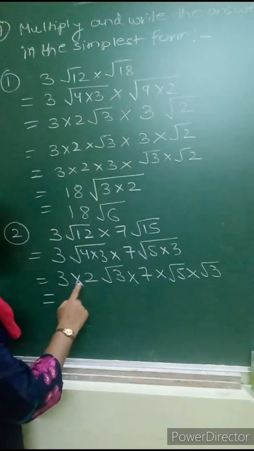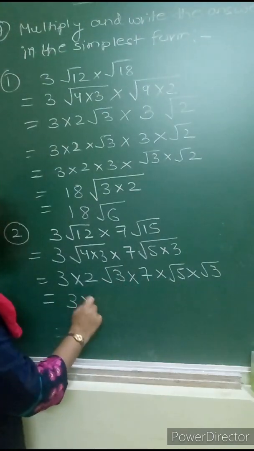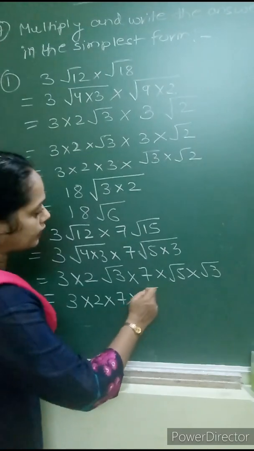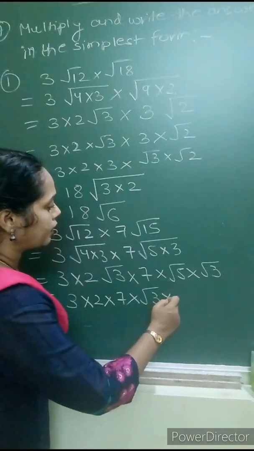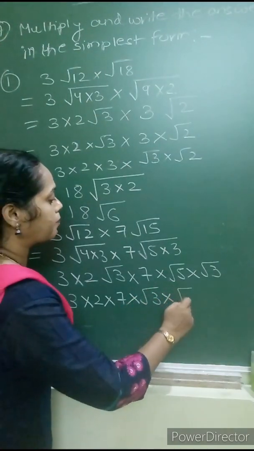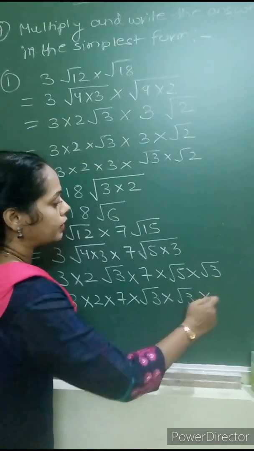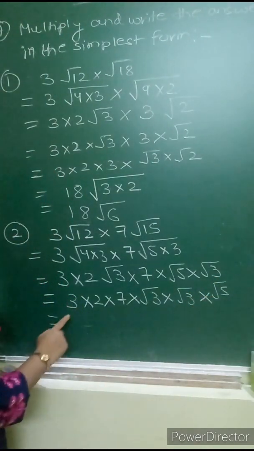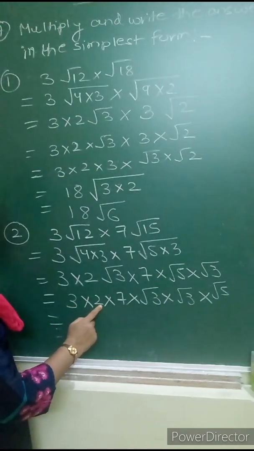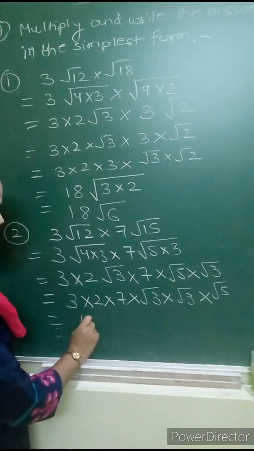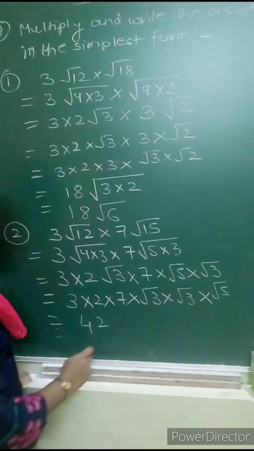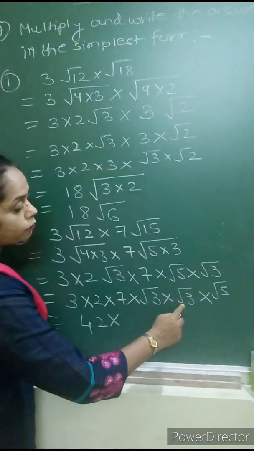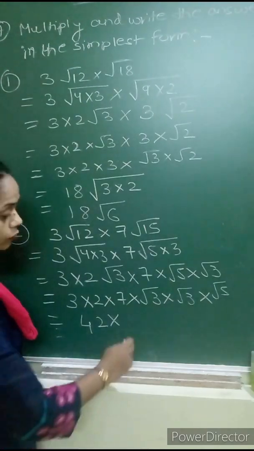Now let us write all these whole numbers together: 3 into 2 into 7, and let us write these surds together: square root of 3 multiplied by square root of 3 and multiplied by square root of 5. Now 3 2s are 6 and 6 7s are 42. So we can write here 42 multiplied by, now square root of 3 into square root of 3 gives you 3.